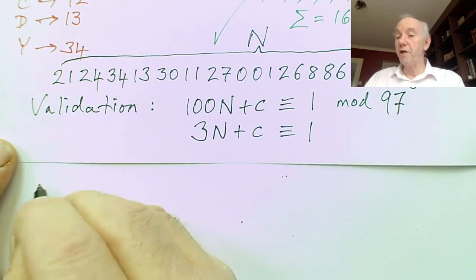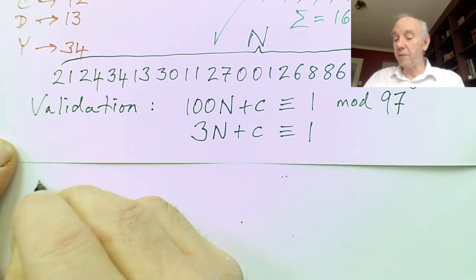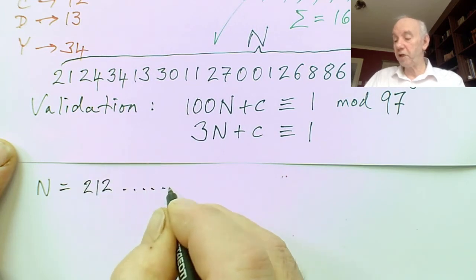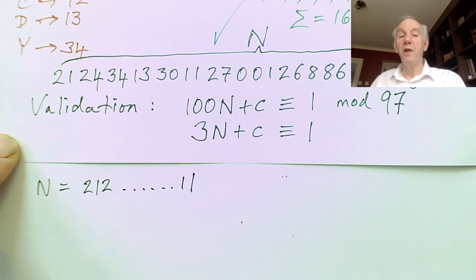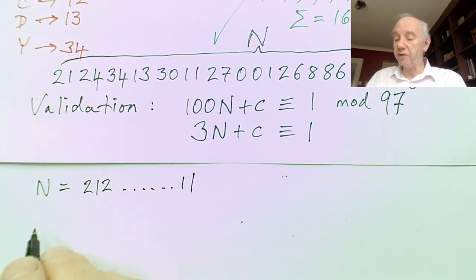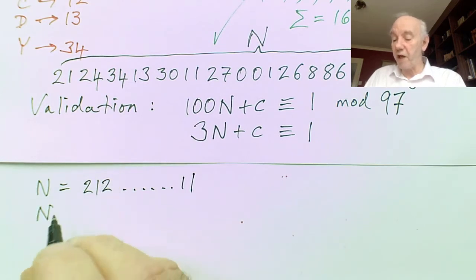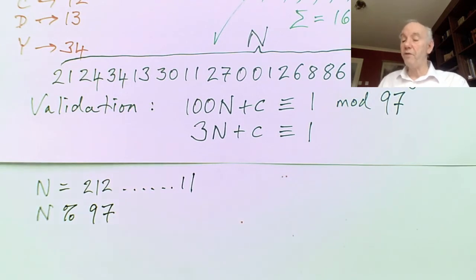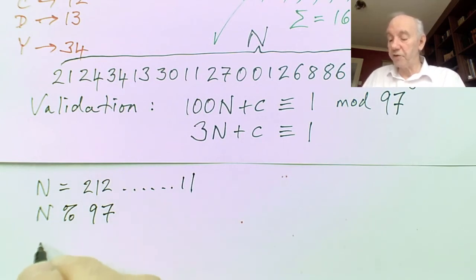So I typed that n is equal to this number, finishing with 1, 1, I should say. And then on the next line, I simply typed the code in Python or Sage for finding remainders, which is n percentage, in this case 97. And the output I got from Sage is that this is 56. So Sage told me that this was answer, if you like, 56.